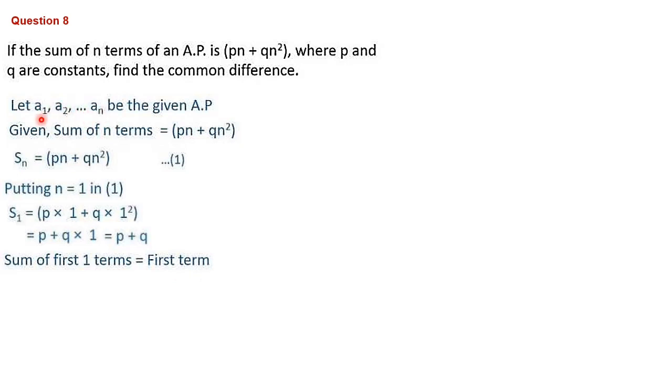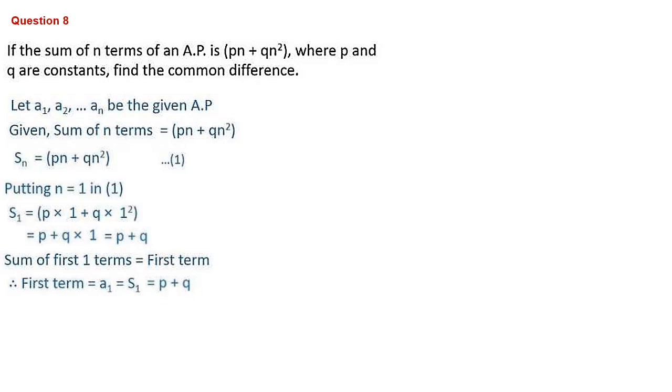This represents an AP. Only one term is there, so that sum as well as that first term will be equal. First term is A1. A1 is equal to S1. Both A1 and S1 are equal. Then we have got S1, that is P plus Q.